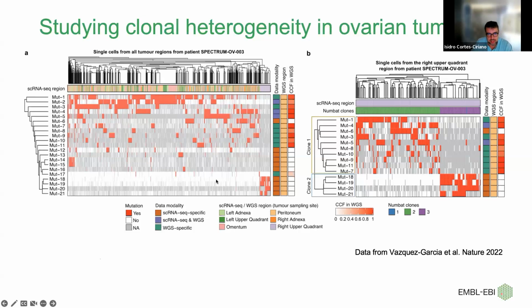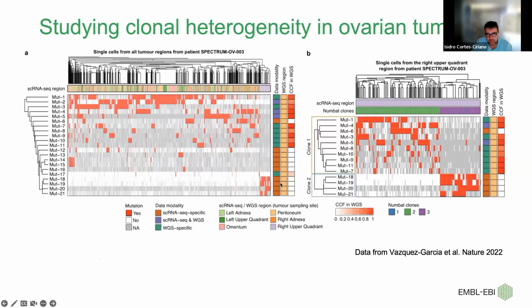What stands out from this analysis is that there is a cluster of cells that primarily have been sampled from the right upper quadrant and are defined by the presence of these mutations.